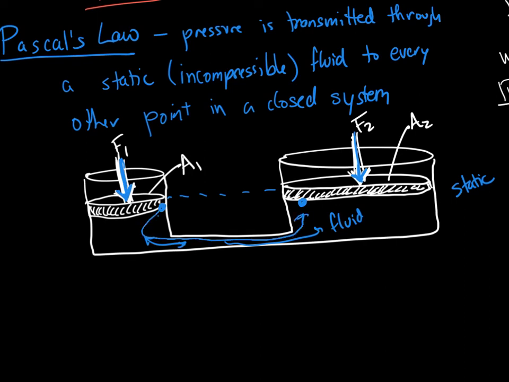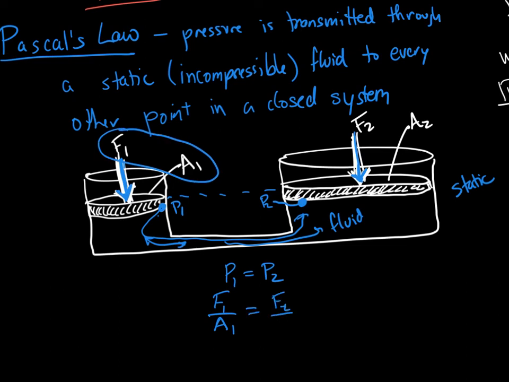If the pressure here and the pressure here were different, then the fluid would respond to that difference in pressure and it would flow. But it's not flowing, so that means P1 equals P2. If that is the case, then force 1 over area 1, the pressure being applied at that point, is equal to force 2 over area 2, the pressure at this point.